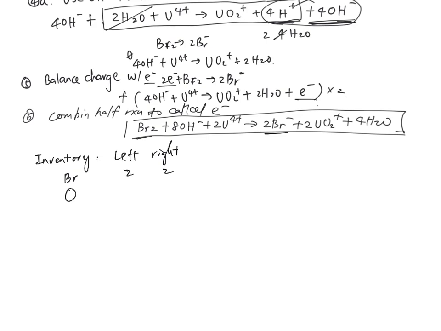Second element, oxygen, 8 oxygen, 8 hydroxide, 8 oxygen here, 2 UO2 plus, so that's 2 times 2, 4 oxygen, and then 4 water molecules, each has 1, so 4 plus 4, so 8 and 8. Hydrogen, 8 hydroxide means 8 hydrogen, and then you got 4 water, so definitely 8 hydrogen. And then uranium, I have 2 uranium here, 2 UO2 plus ion here, so 2 and 2.